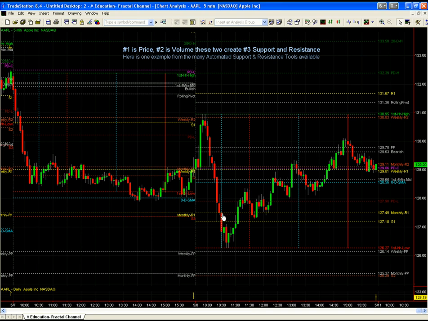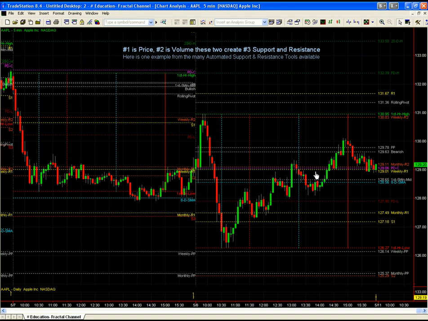Came back down in a powerful move to the downside, cleared to the weekly central pivot, moved up, kind of went down back, and the monthly R1 became support. The 8-day SMA became resistance. It came back, went at it again.